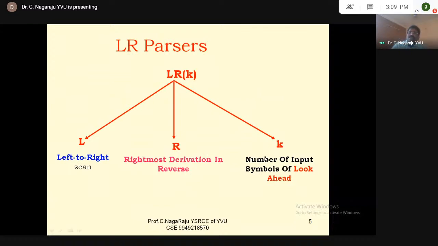And K means the number of input symbols of look ahead, that is, how many symbols you have to see at a time: no symbols, one symbol, or any number of symbols. So that is LR(k) parsers.